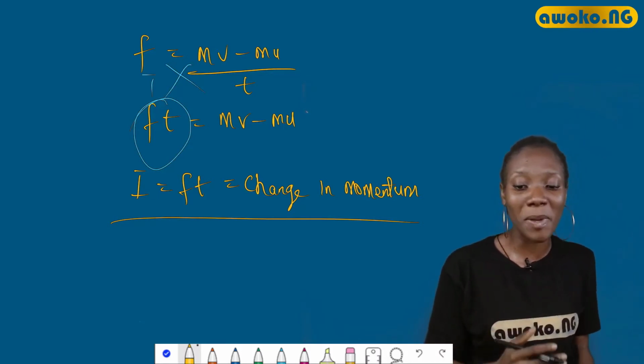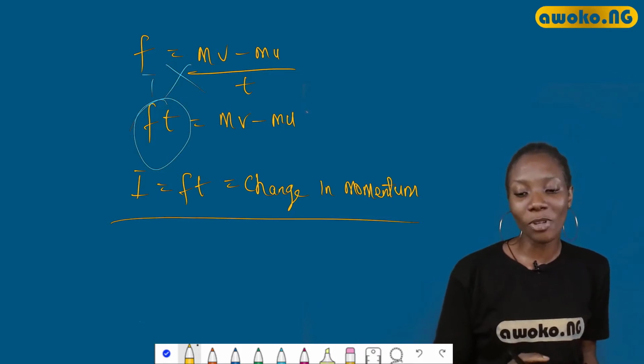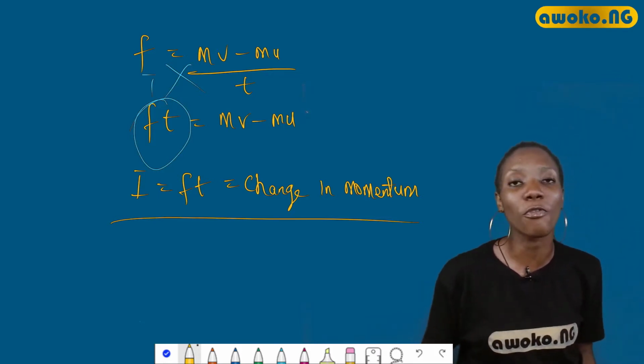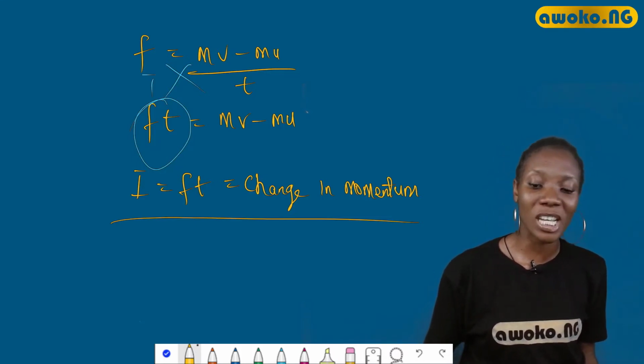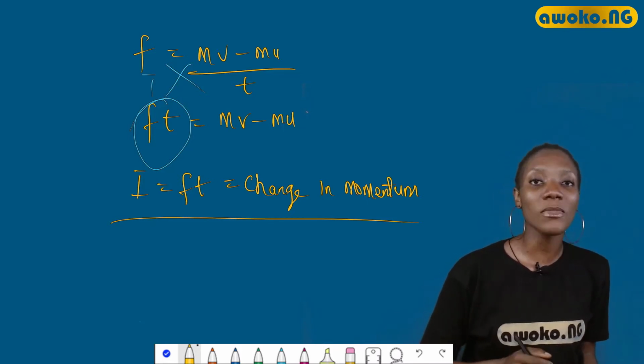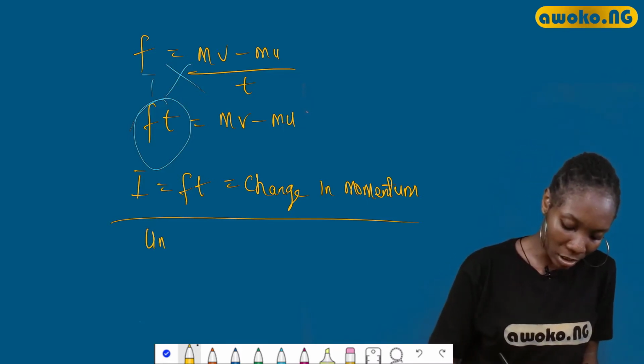Sometimes you may be asked in a question to find the impulse, and hearing this, you may be thrown off by that, since we're not taught this, and we're only given the equation for Newton's second law. But you can see that from Newton's second law, you've been able to get impulse, right? Now, the unit of impulse is given in Newton second.